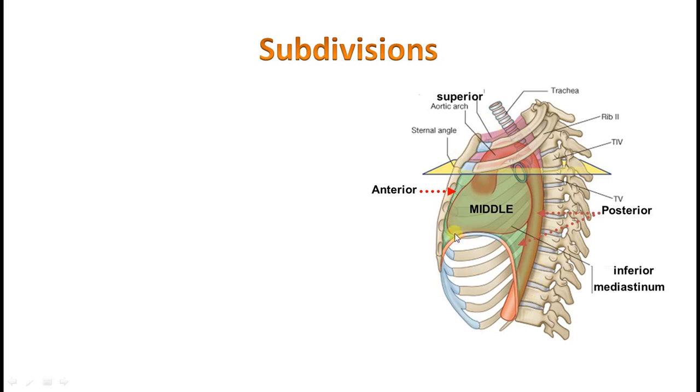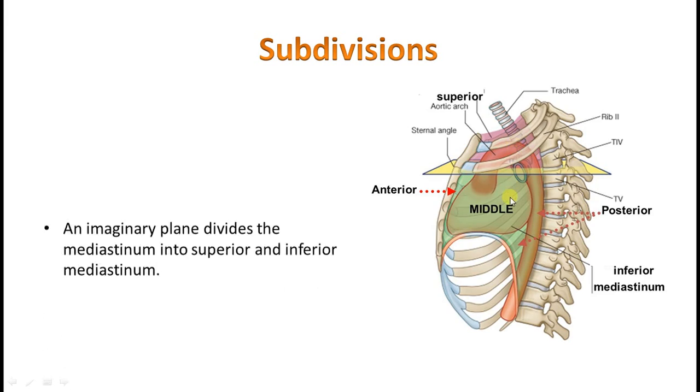In the lateral view you are able to see the whole of the mediastinum, but for the purpose of description and for our understanding, the mediastinum is broadly subdivided into superior and inferior mediastinum.